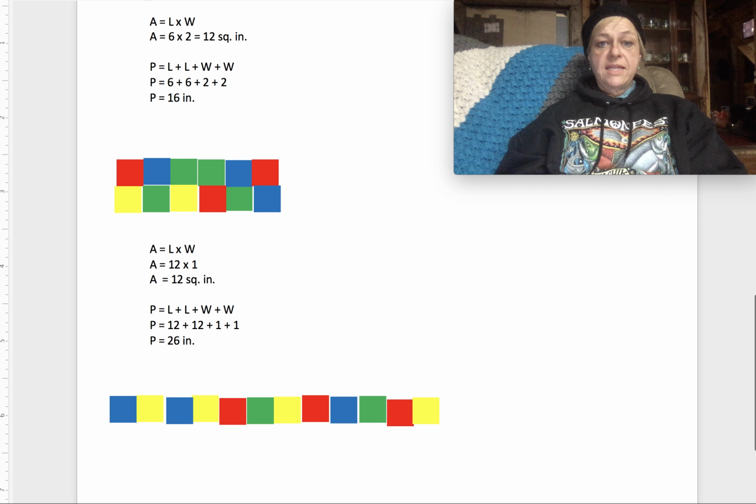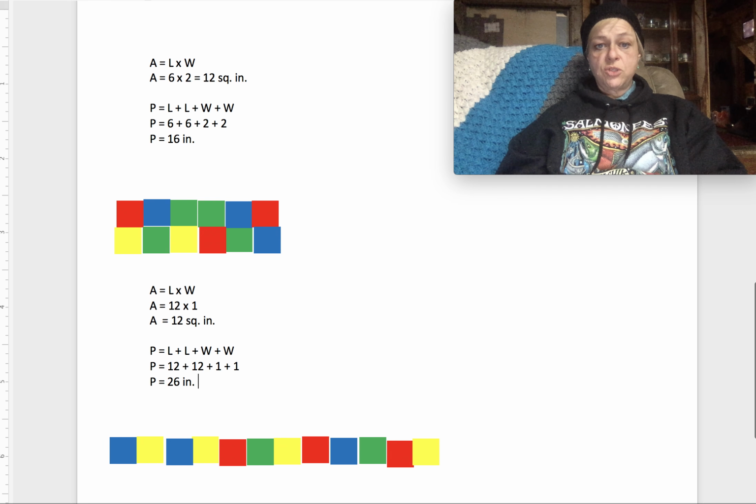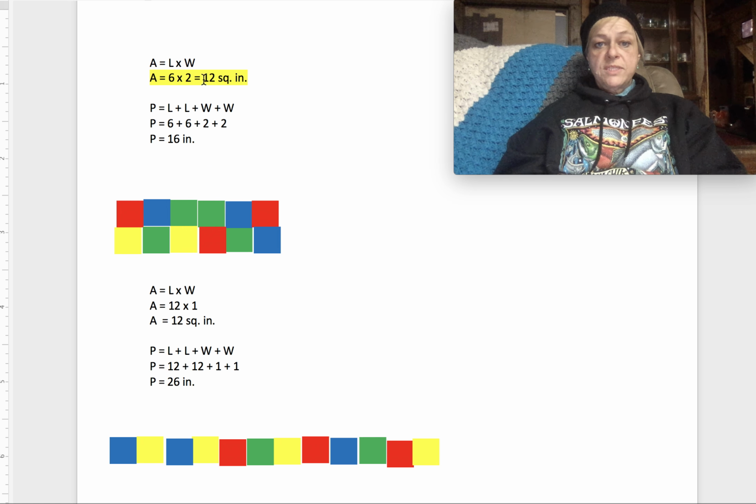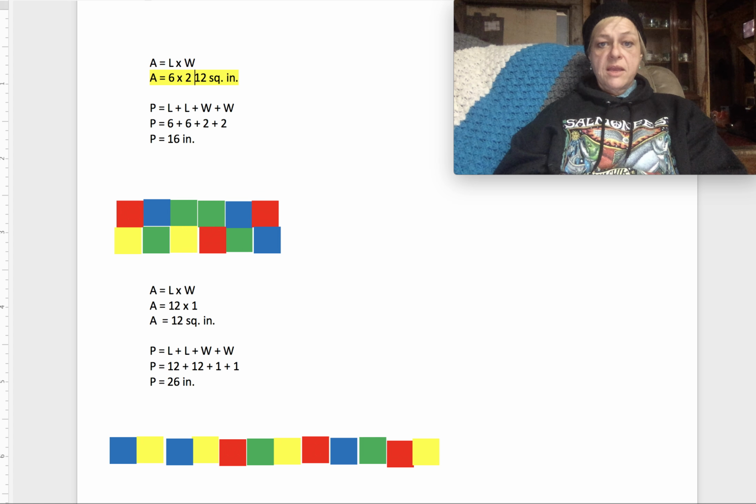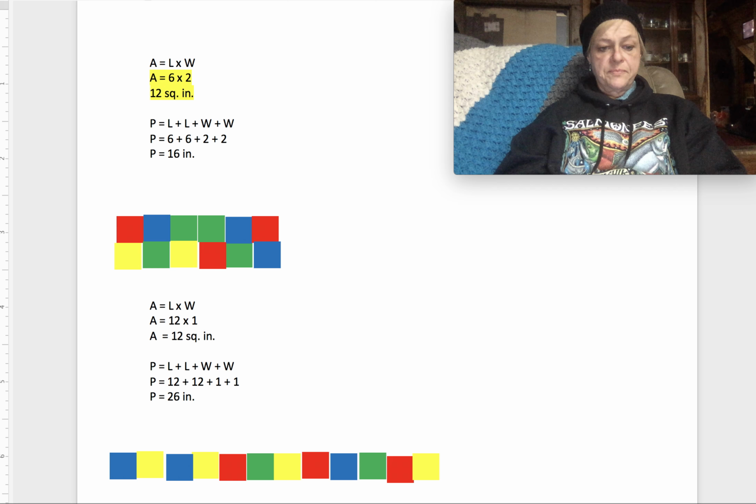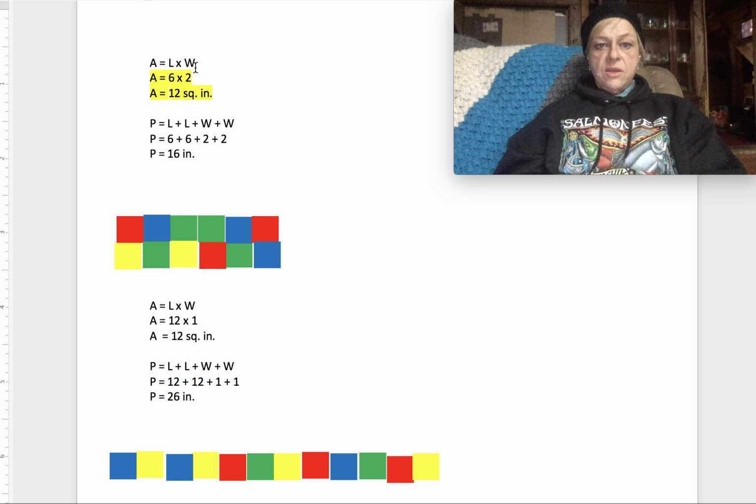So let's compare notes on these 2 shapes. The area of the first shape was 12 square inches. I kind of want to write these the same. There, that makes me feel better.